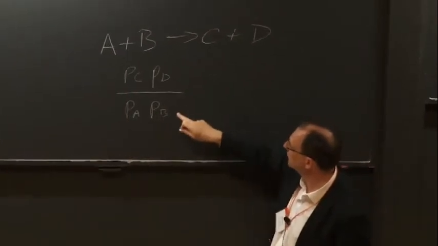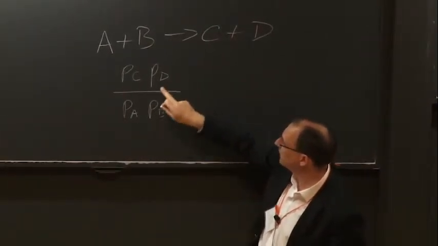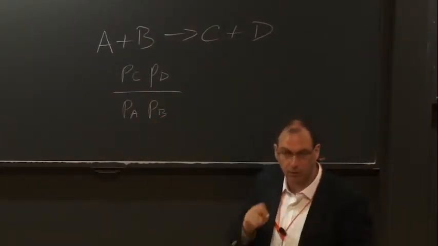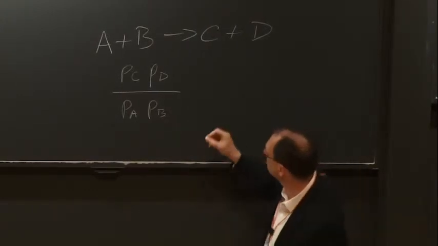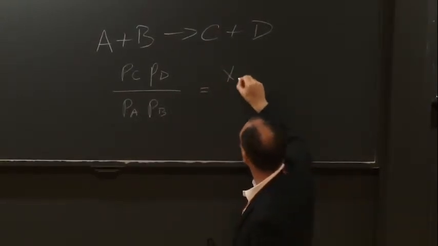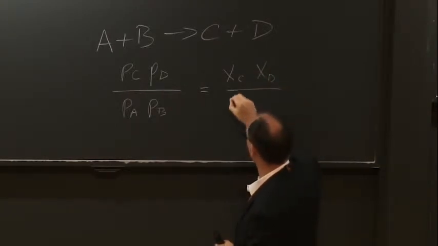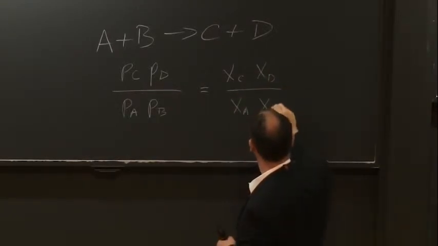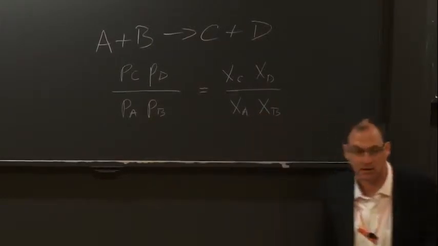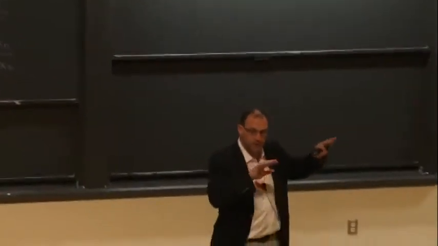But then you can write these partial pressures as mole fractions. So this would be the same as the mole fraction of C times the mole fraction of D, divided by the mole fraction of A times the mole fraction of B. That just relates the concentrations or mole fractions of the products with the reactants.